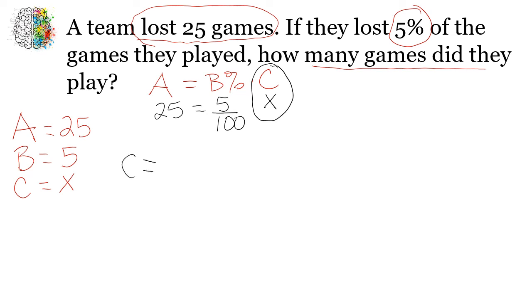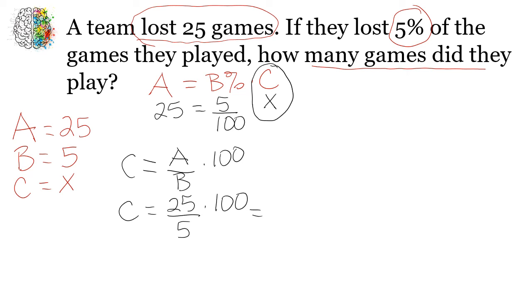And my C equation, what I'm solving for the total, is going to be the portion of the total divided by my B multiplied by 100. So now let's fill in all those numbers. We're solving for C. The portion is 25. The percent is 5. And I'm going to multiply all of that by 100.